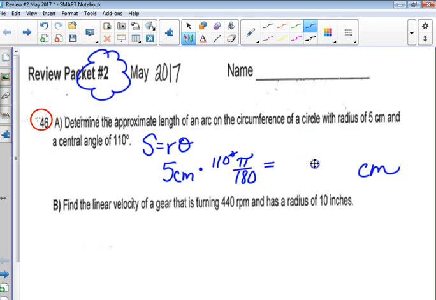I got 9.6. Anybody else? Okay. Anybody remember how to change to a linear velocity, or how to find a linear velocity? Do we have an angular velocity right now? What do we have to do?